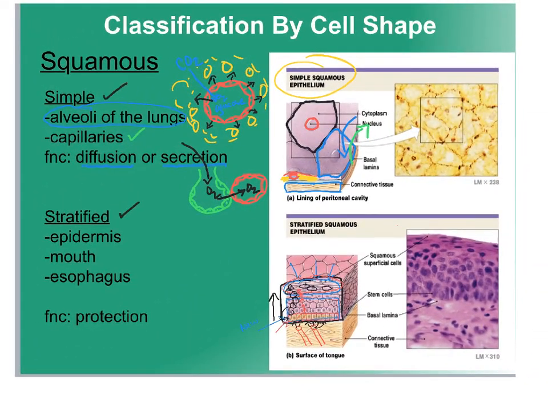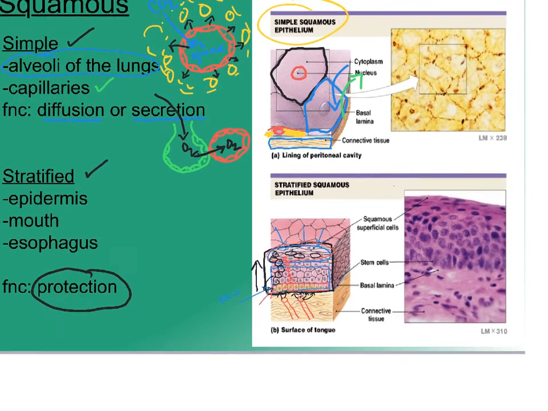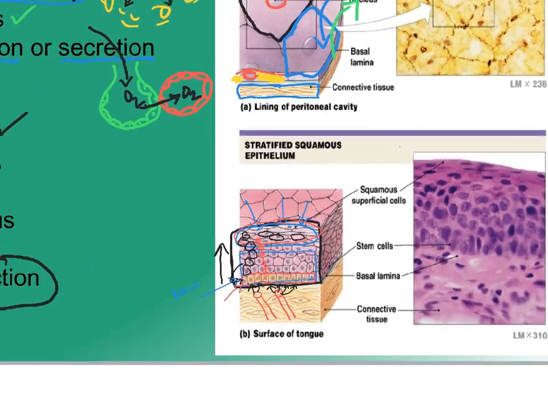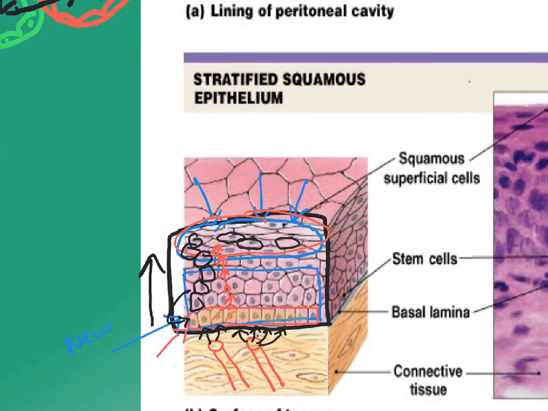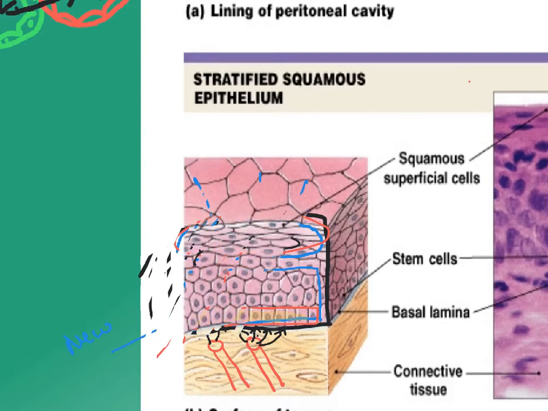Okay, so generally the function of stratified squamous is protection. Protection from abrasion. Let's say, for instance, you burn your mouth on hot coffee. Let me erase some of this. You burn your mouth on hot coffee, and you damage maybe the first 3 layers of cells.